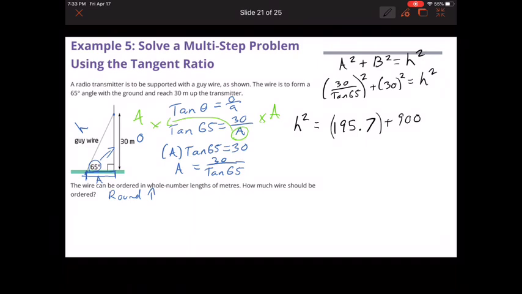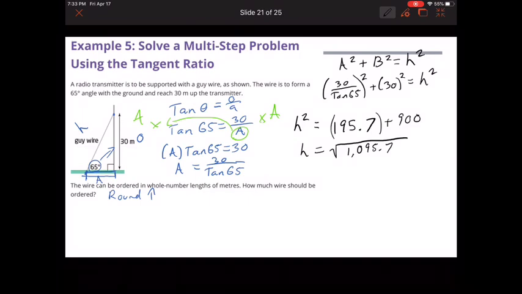And so then we would go h equals the square root, because we want to square both sides in order to get that, of 1095.7. And we'd end up with a length of 33.101.